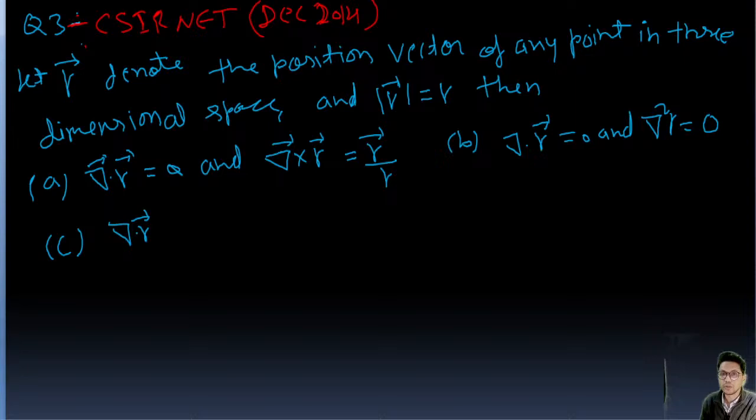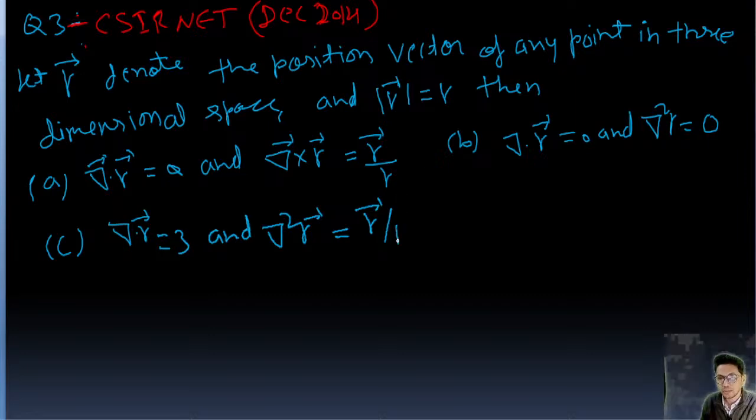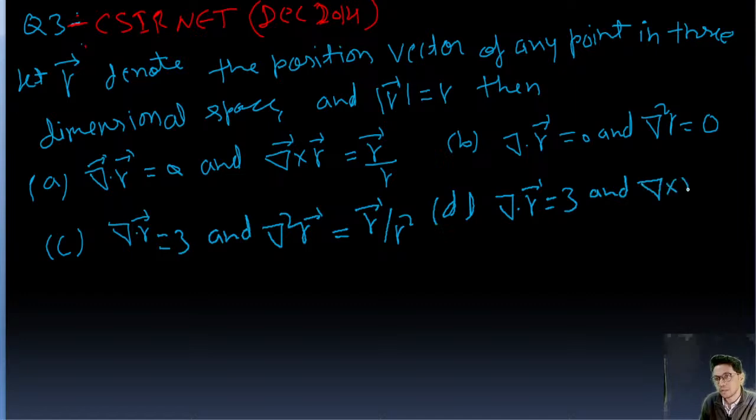Okay, it is fixed now. So divergence of R equal to 3, and del square R, that is Laplacian of R vector, equal to R vector upon R square, and option D is divergence of R equal to 3 and curl of R equal to 0. Okay, so this is the question.